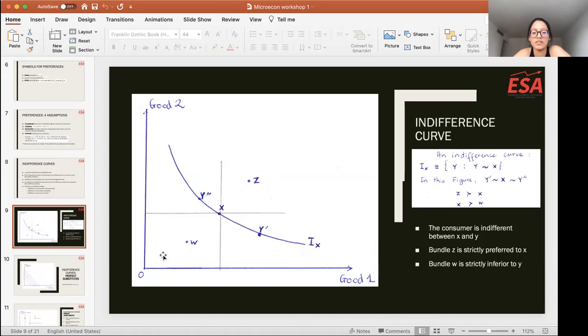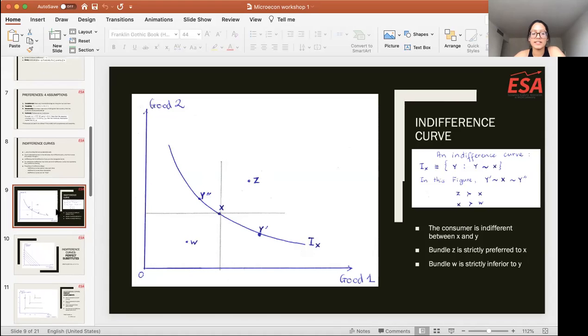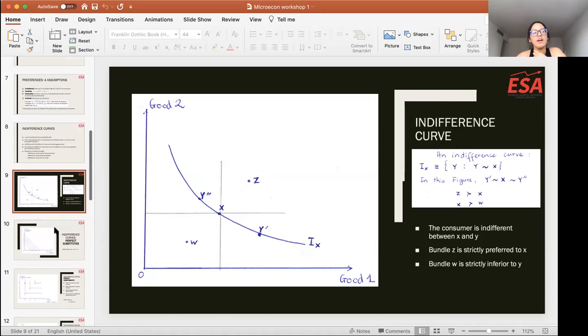However, bundle W, at the bottom, is strictly inferior to Y because it's below the curve. If they just ask you to draw an indifference curve, it's pretty straightforward and simple.